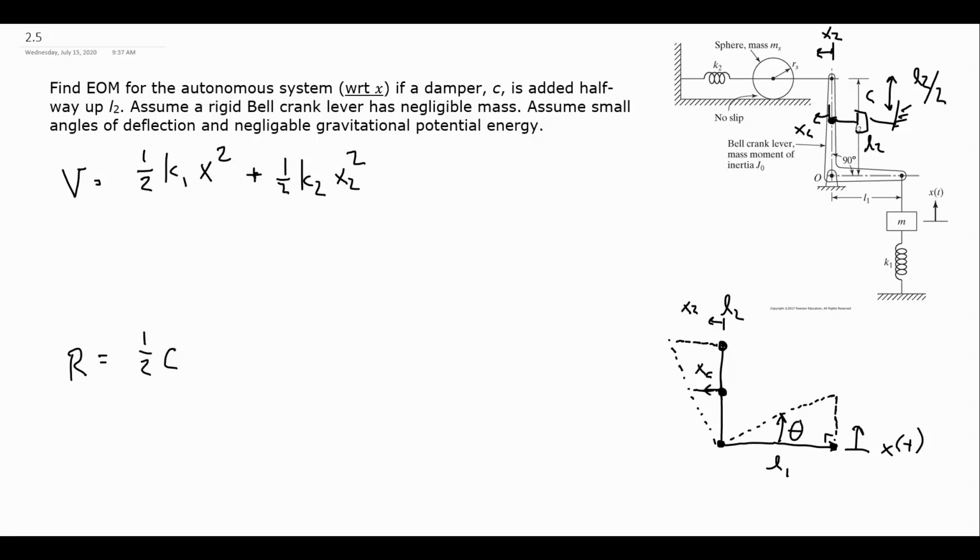It's attached to the wall on the right, so no velocity there. And on the left, at least the way I drew it, it is attached to XC as its position, which means that XC dot is its velocity. And that will get squared because that's how we account for viscous dampers with the Rayleigh dissipation term. So 1/2 C XC dot squared.